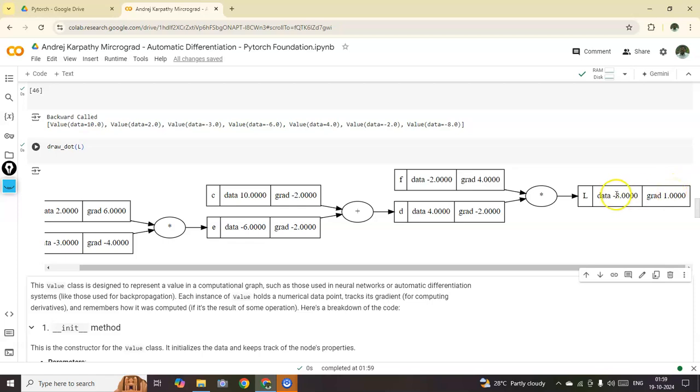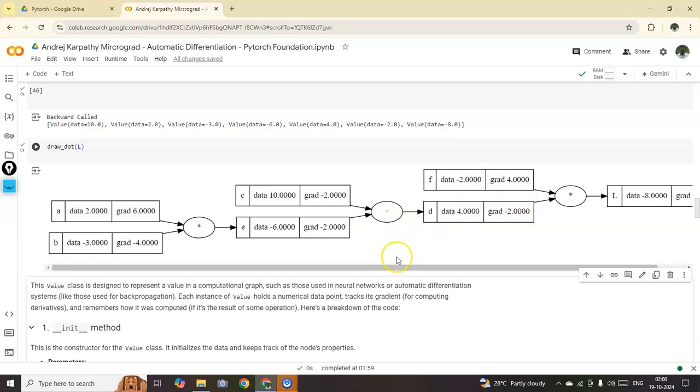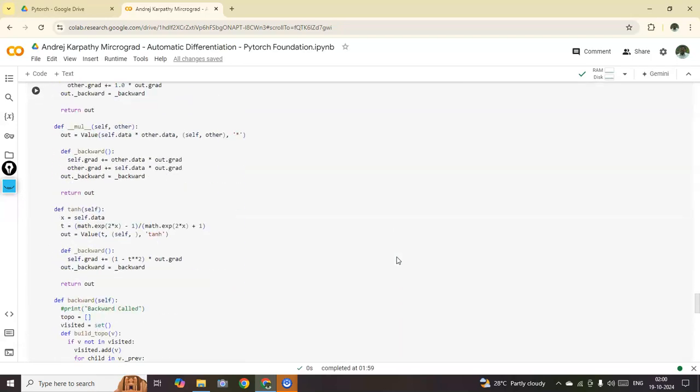This is the multiplication of these two, which we have already seen. Now we will see a big example.